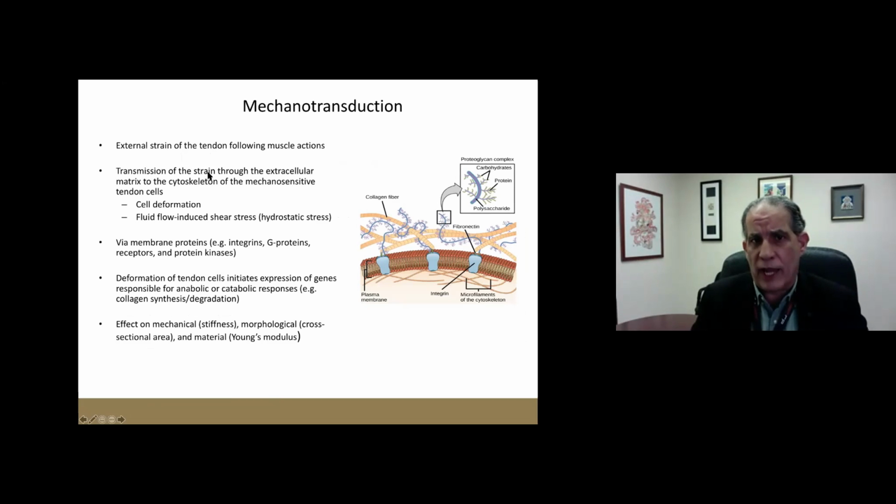That strain is transmitted through the extracellular matrix to the cytoskeleton by mechanosensitive tendon cells. And then certain proteins at the level of the membrane called integrins are actually deformed. There is a mechanical effect on the proteins, and the proteins actually communicate that to the genes.